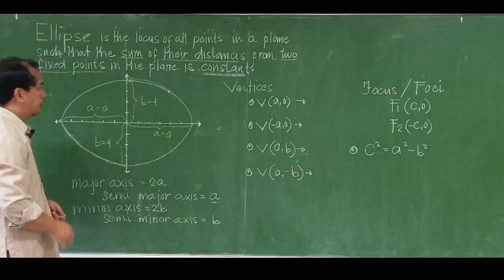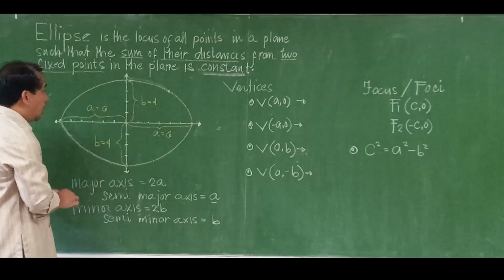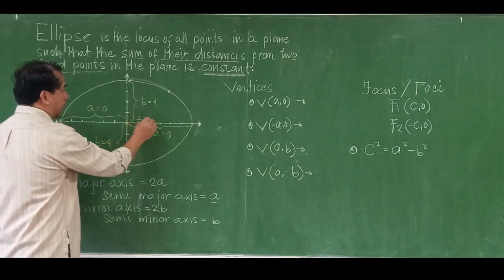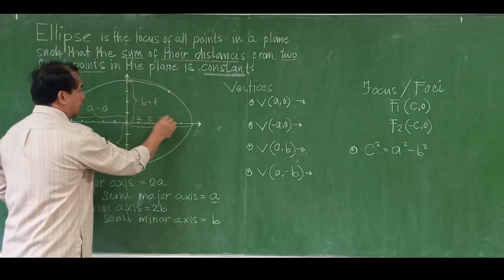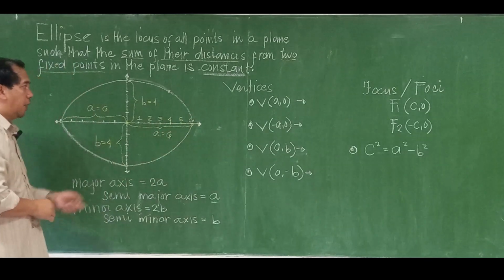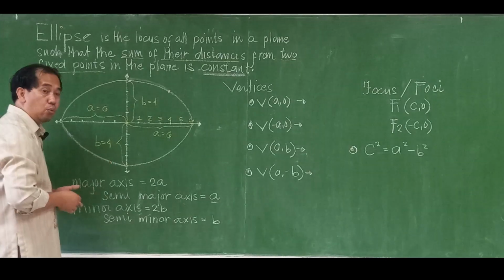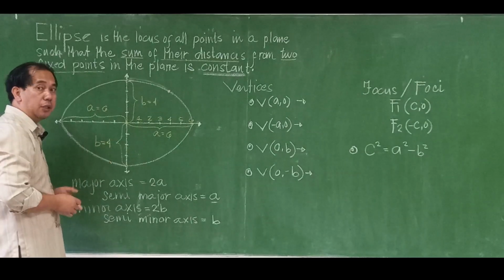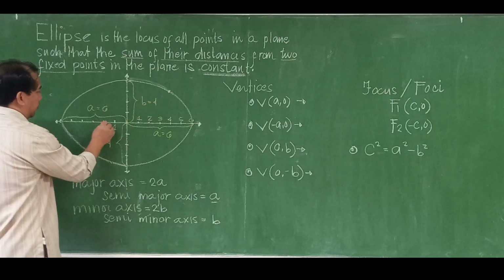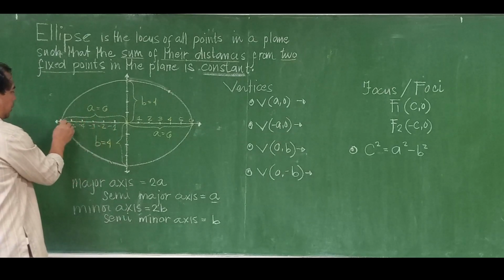So notice that when I label the Cartesian plane, I have 1, 2, 3, 4, 5, and 6. Having this labeling, I can label all the different parts. So my negative x-axis: negative 1, negative 2, negative 3, negative 4, negative 5, and negative 6.